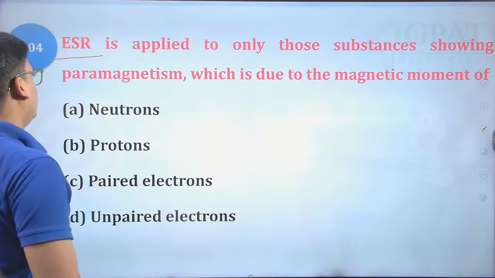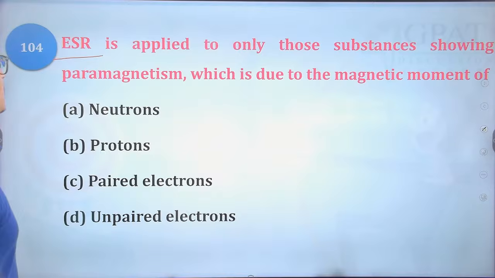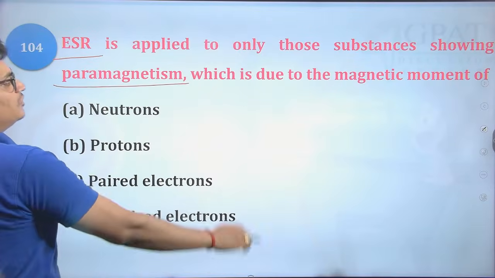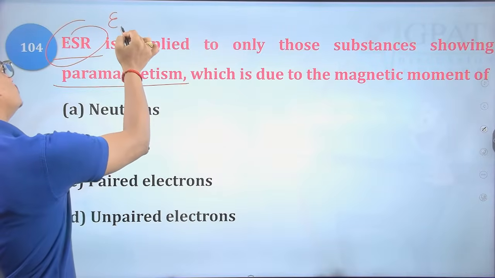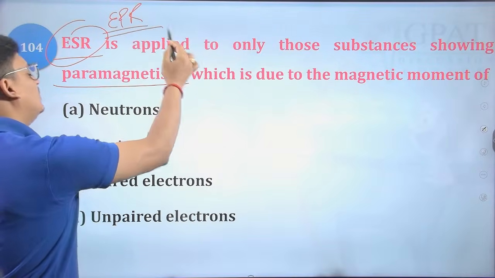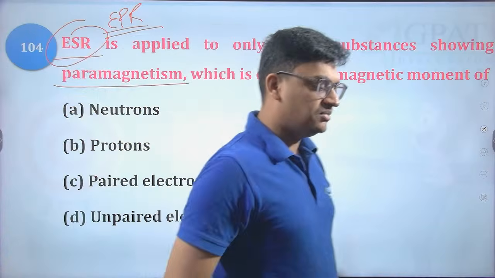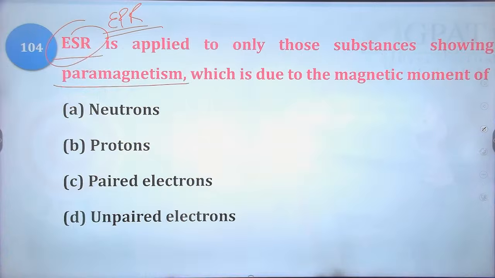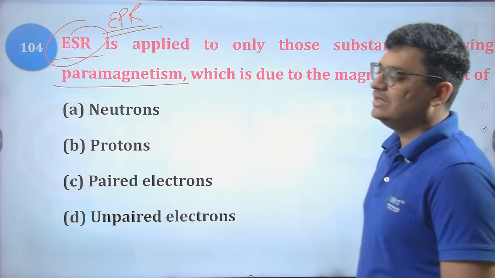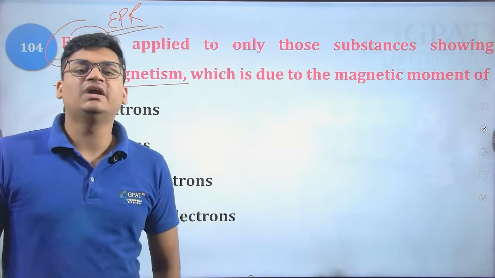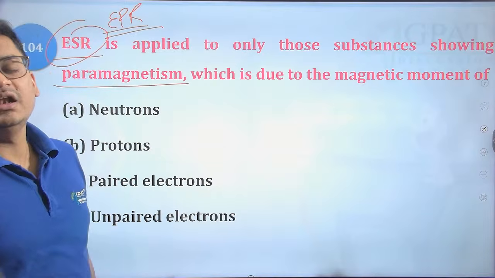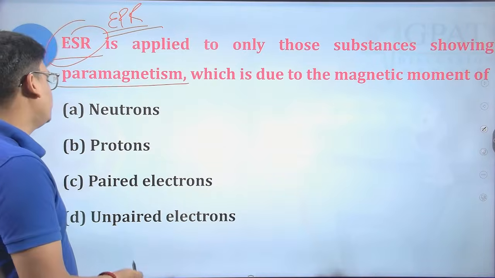ESR is applied to only those substances showing paramagnetism which is due to the magnetic moment of what? So ESR, also known as EPR, electron paramagnetic resonance, will be used only and only for unpaired electrons.